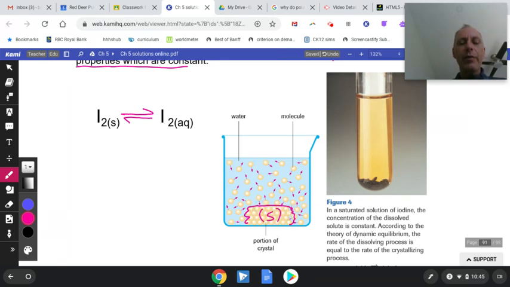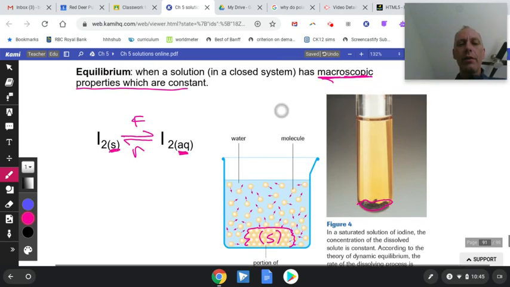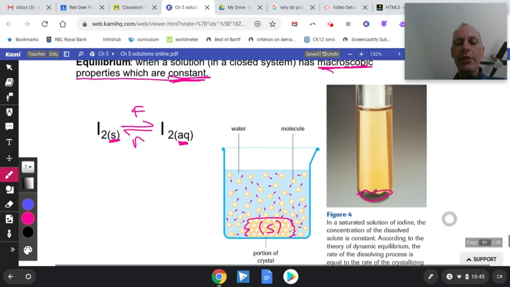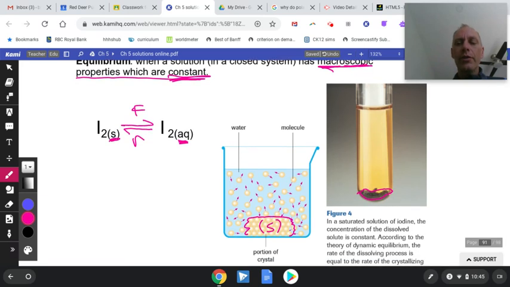If this thing's at equilibrium, if the forward rate is equal to the reverse rate, the solid changes into aqueous and the aqueous changes into solid at the same rate, the size of that block will not change. So you can see it here in the test tube. It will remain constant. So you can observe a solution at equilibrium and recognize that it's reached its equilibrium position when it's no longer changing.